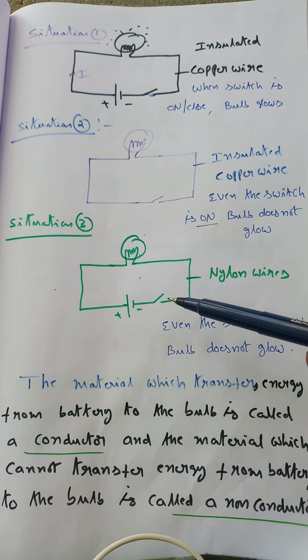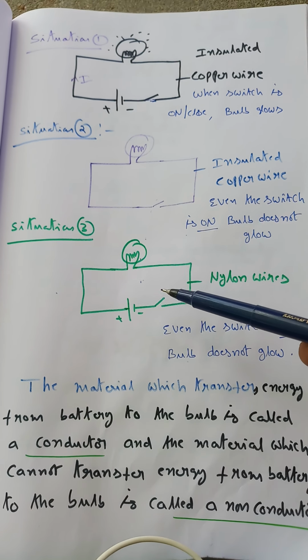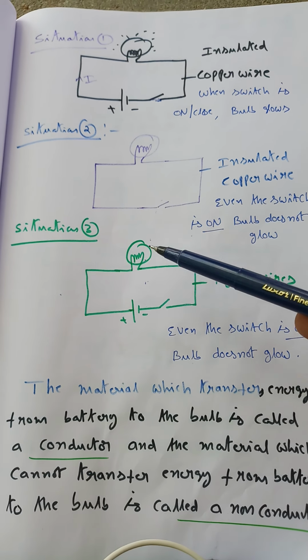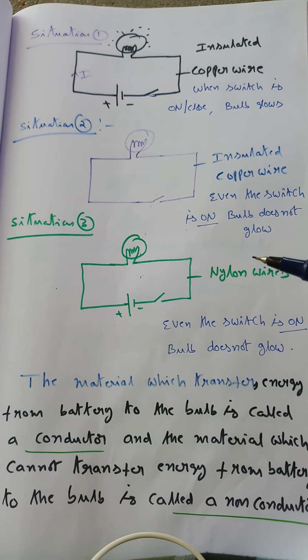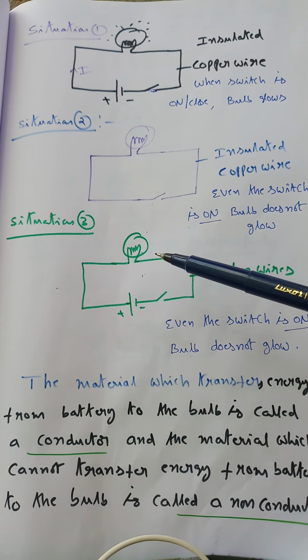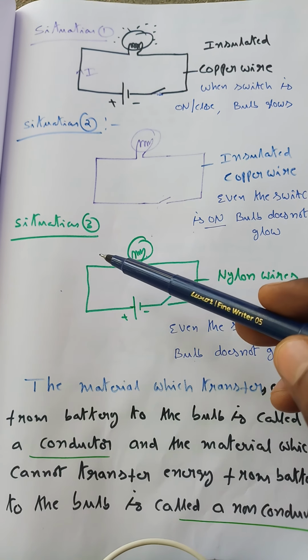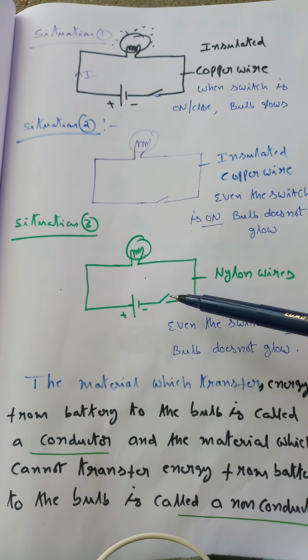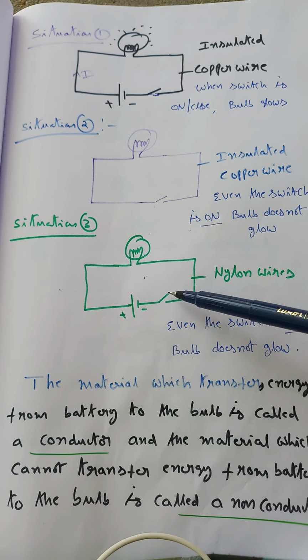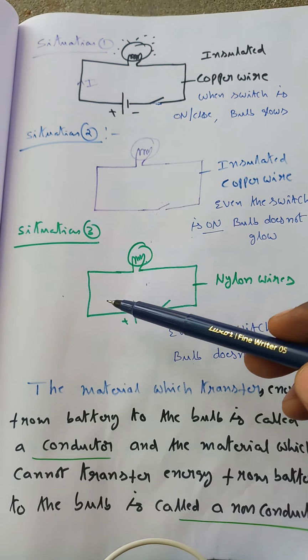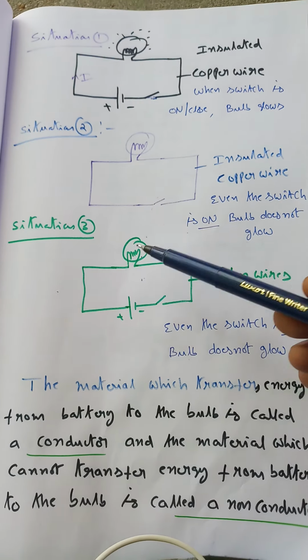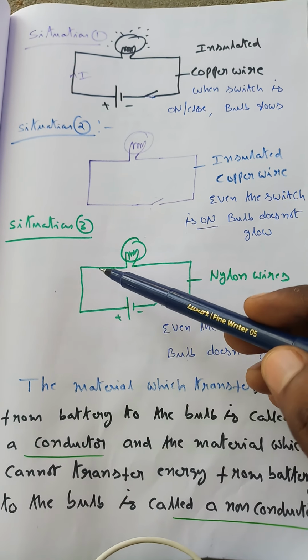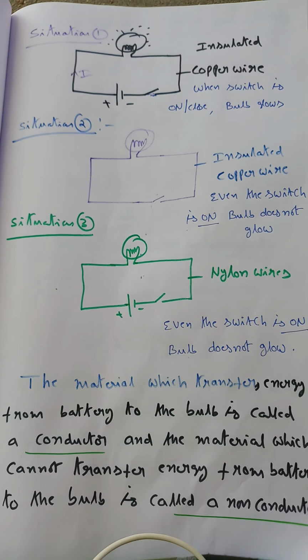So in this case we can't observe any glow of a bulb. So here the bulb is not glowing means current is not flowing in the circuit. No doubt you on the switch. Even if you on the switch but you can't observe any glow of a bulb means current is not flowing in the circuit.